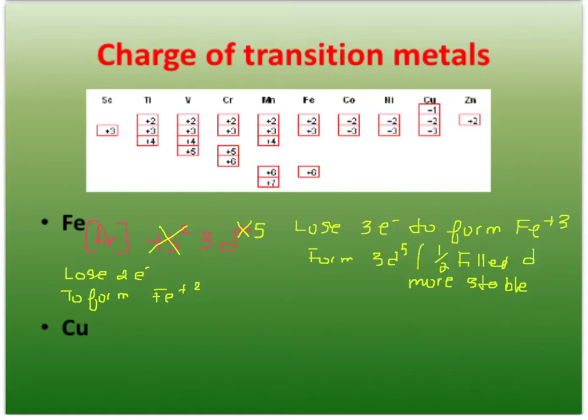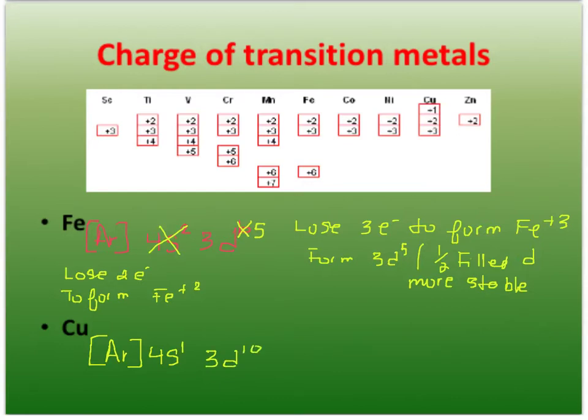Copper. So why does copper form a +1 charge? Remember, copper is one of those we talked about being the exceptions to the filling rules. Copper would have the configuration Ar 4s1 3d10.